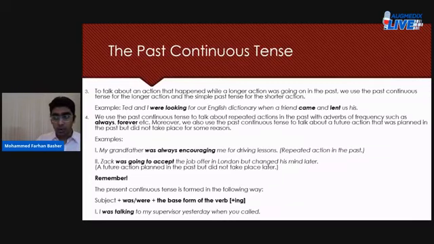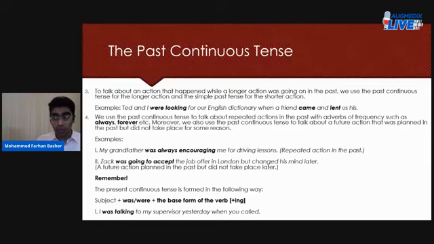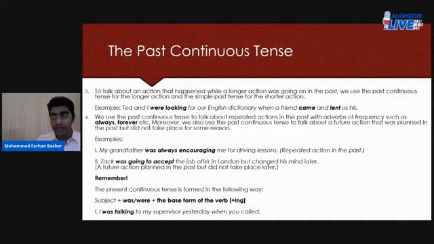Okay, Ted and I were looking. So our looking for the English dictionary is an action that was taking place for a longer duration, right? When we were doing so, someone came to us and lent us his dictionary. So someone coming to us and lending his dictionary took place quite swiftly, right?